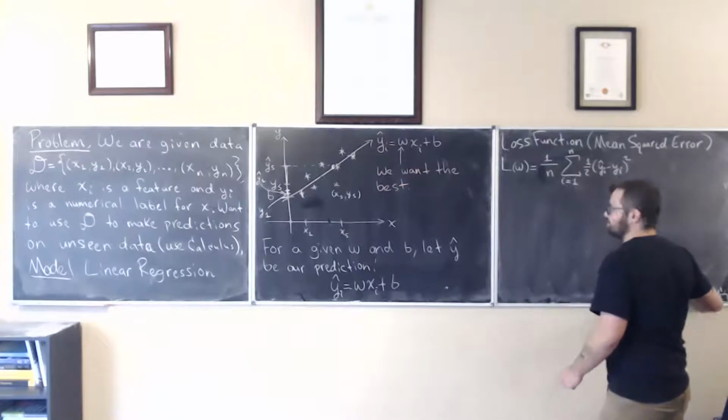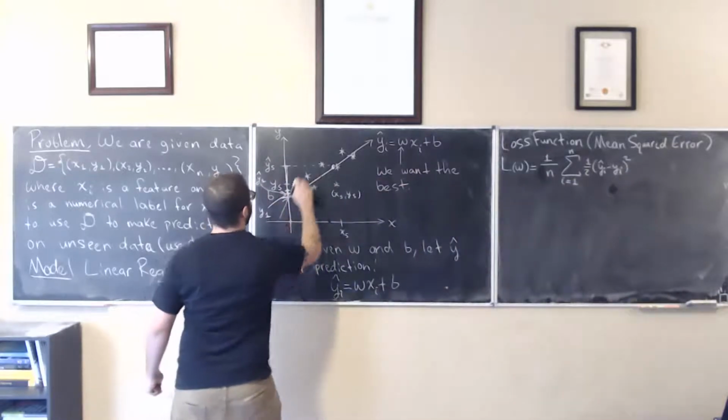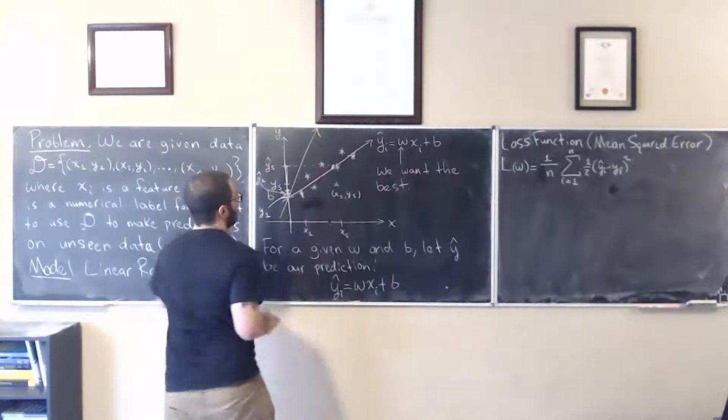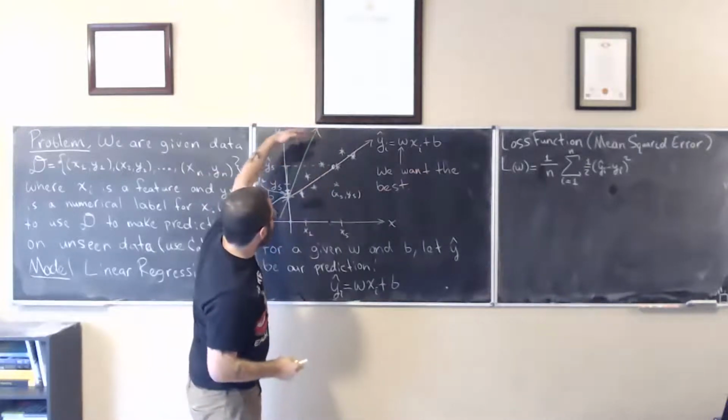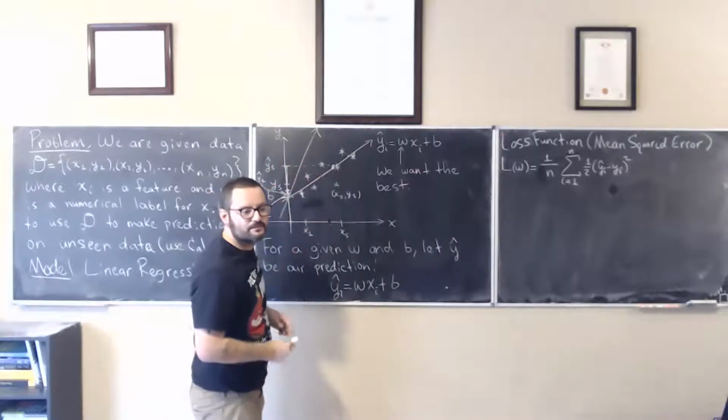Like, for example, if this was our line, then notice the y values for this are always really far away from the y values of all these.